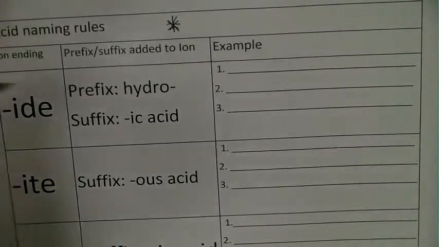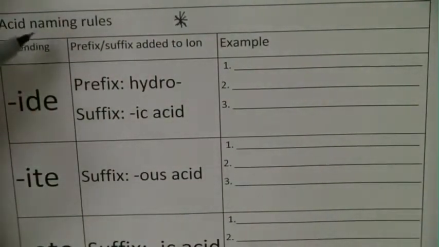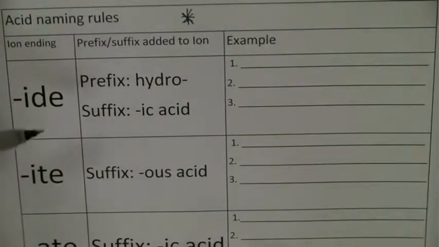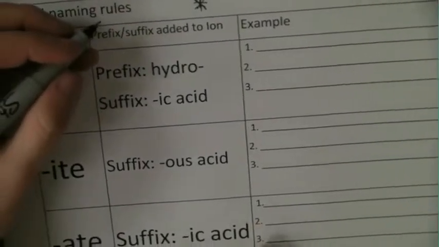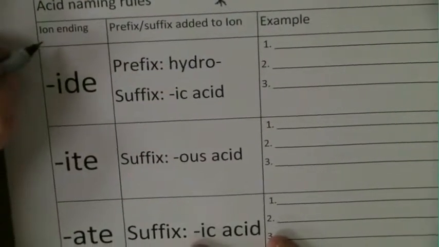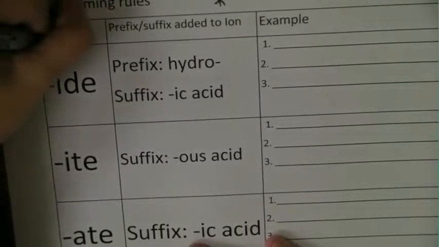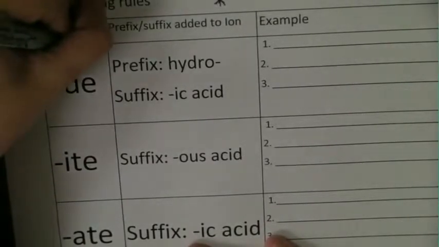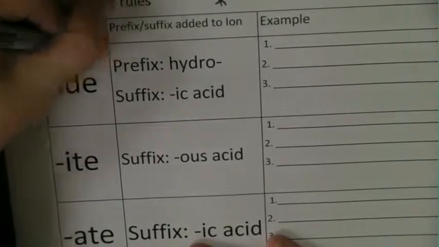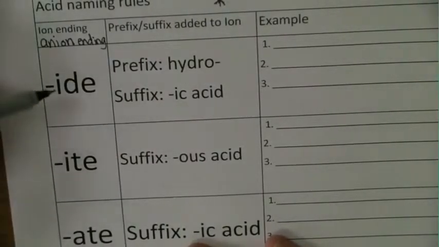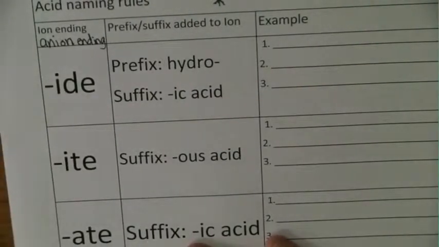In every one of these, I'm going to write this here: the anion ending. Your anion, your negative ion, is the only one we've ever changed to these three suffixes.